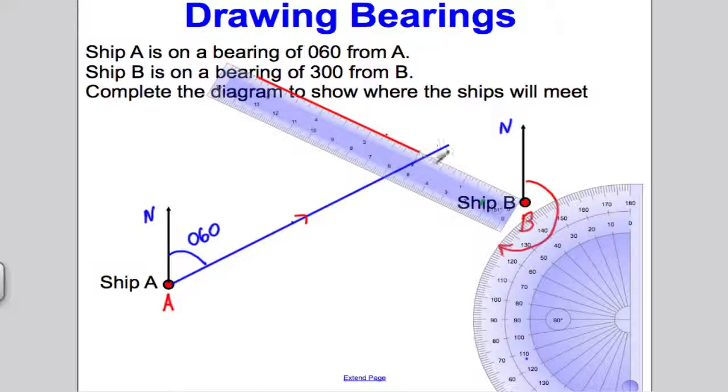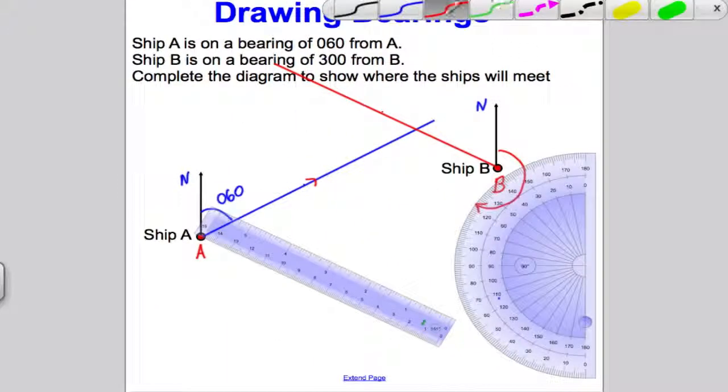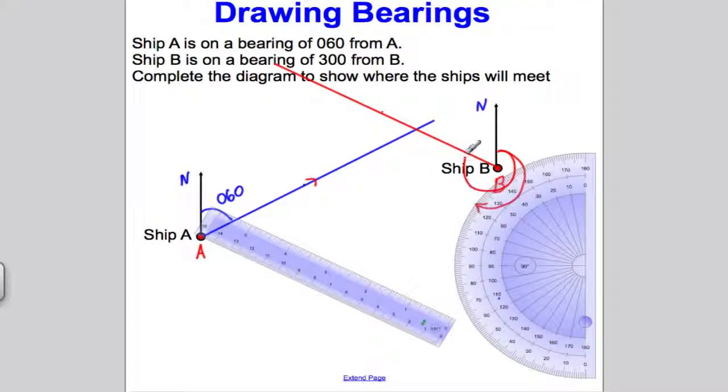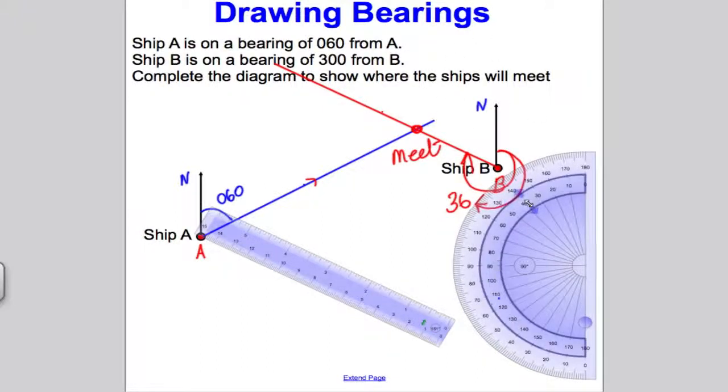So this is our angle of 300 degrees here. So where they meet is approximately where the two bearings cross. So that's where ship A and ship B meet.